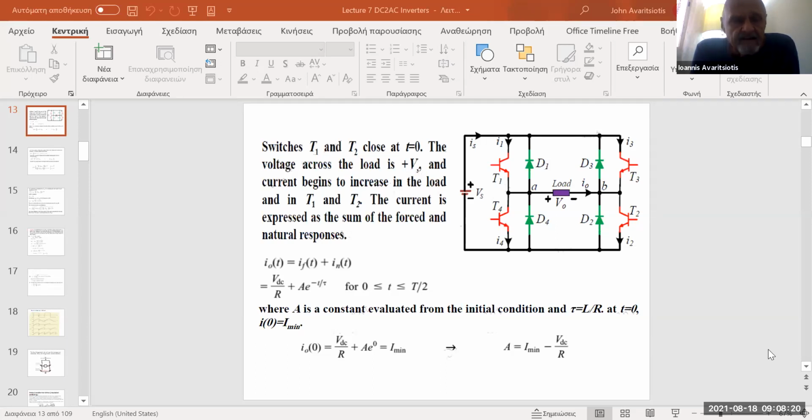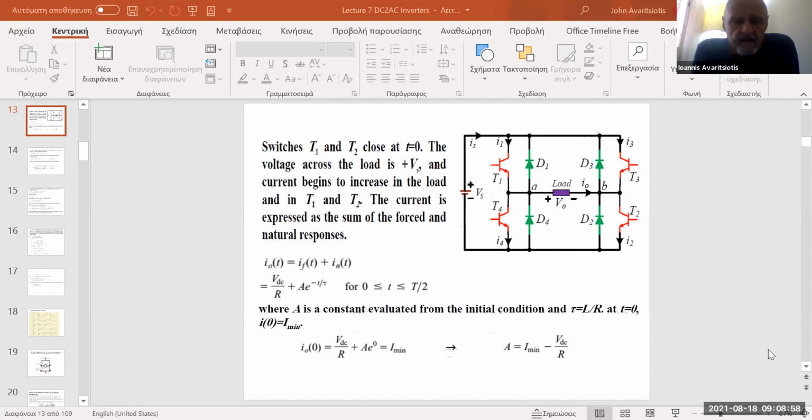And also the fact that tau is the time constant of the load, which consists of two elements, one resistive, one pure inductive. And of course, as you know, tau is a ratio of L over R, where L is the inductance of the inductive part, and R is the resistance of the resistive part of the load. And at t equals 0, you would expect that the current must have a minimum value.